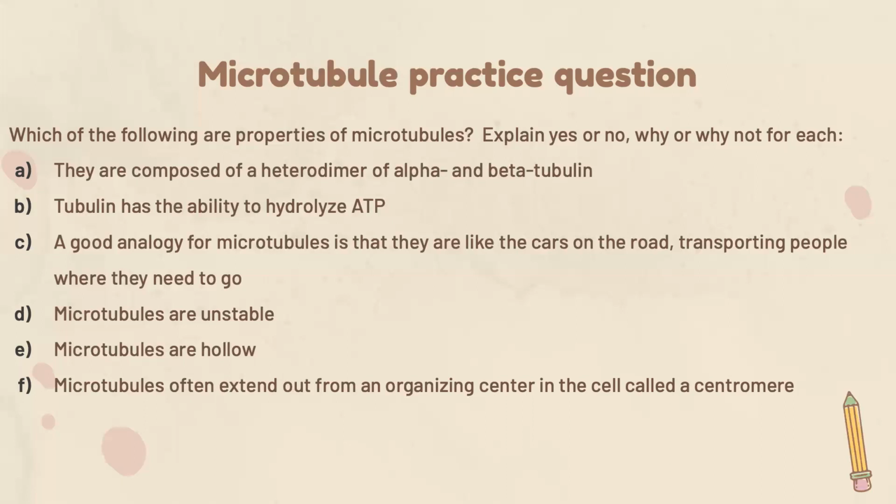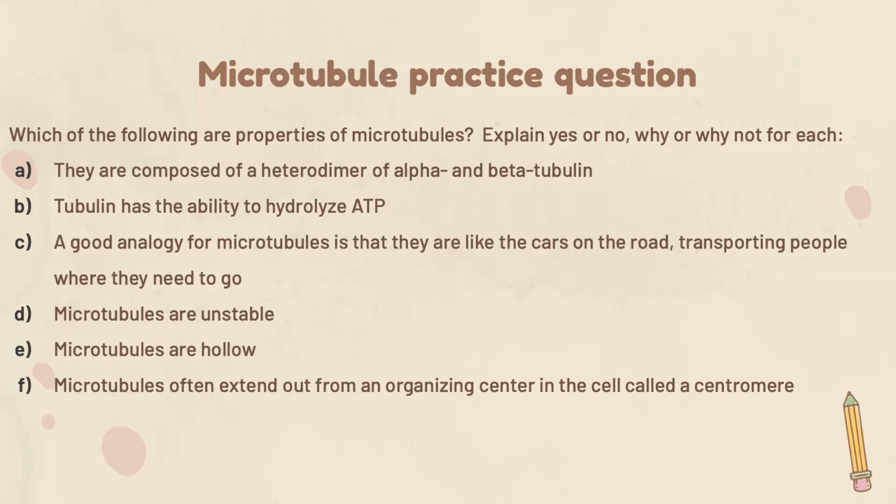Microtubules are unstable. Can I get a thumbs up or a thumbs down? Yes, okay, seeing a lot of thumbs up, that's correct. They're naturally unstable because they have the ability to hydrolyze GTP, and when they do, they depolymerize. And there are ways to stabilize them if necessary.